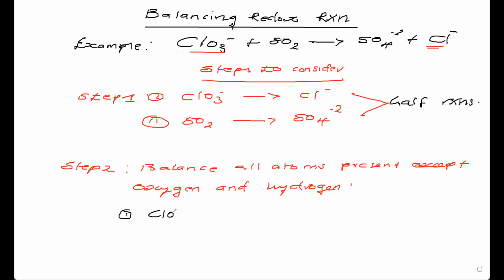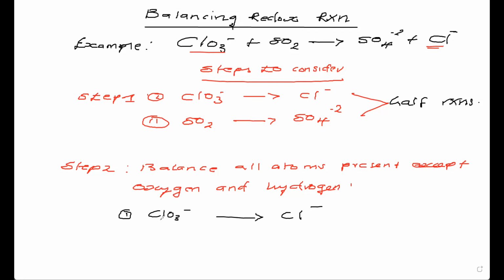Here, the first reaction we have is producing chlorine. In the first half reaction, what we have as other atoms present is basically just chlorine. Oxygen, we are saying we don't balance at step number 2.